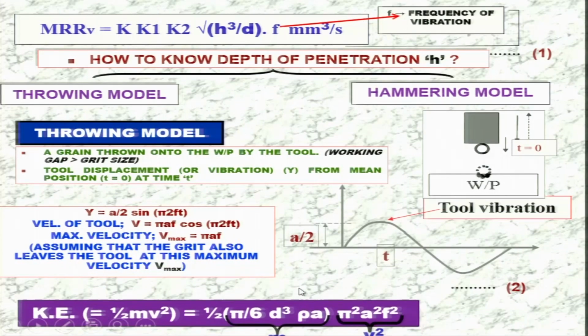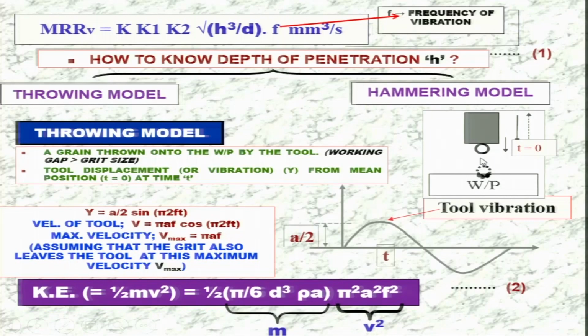So the kinetic energy of this abrasive particle hitting the workpiece surface becomes half m v square, as we already know. Here the mass of the abrasive particle is pi upon 6 d cube rho a, where rho a is the density, and v maximum is the maximum velocity we have already calculated, pi a f. So the kinetic energy becomes half m v square.